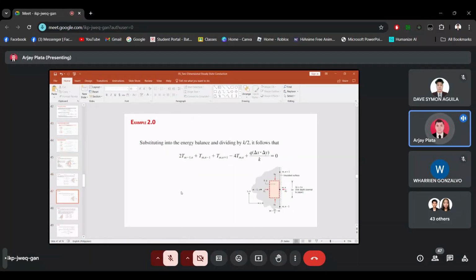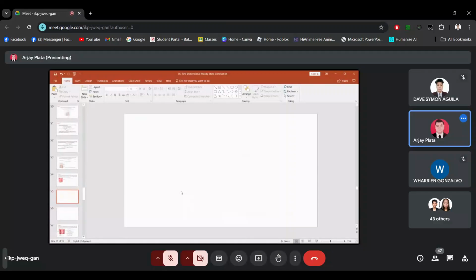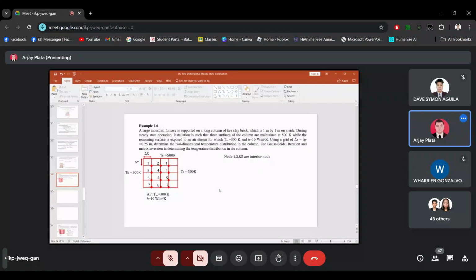Case number 1. And this is case number 1. Okay, so let's evaluate. Let us put all the temperatures in the nodes.